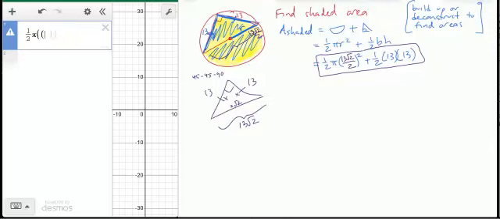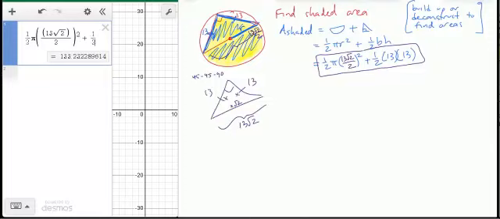If we're taking this whole thing, since I am going to square it, I take 13 root 2 all over 2, and I'm squaring that whole thing. So here's my calculation for that, plus 1/2 times 13 squared, or 13 times 13.